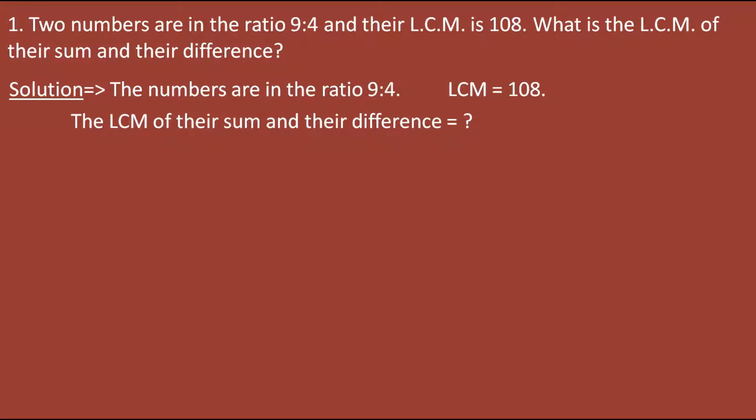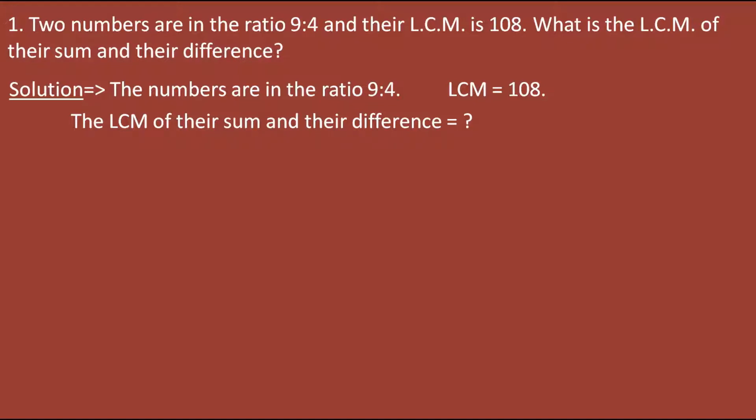Let's start. The numbers are in the ratio 9:4. Ratio means that if we divide any two numbers by a common number, then we get the ratio of those numbers. So we have to find that common number, and when we multiply it with these ratio terms, we will get the exact numbers.